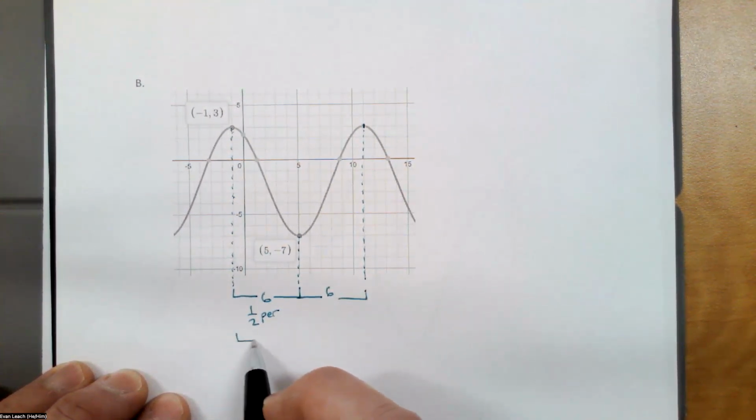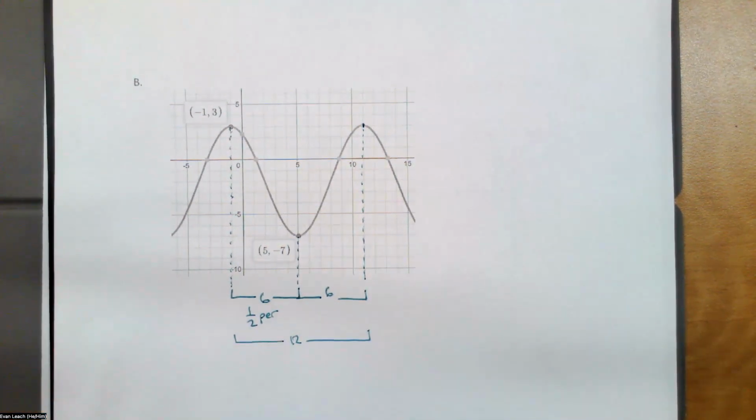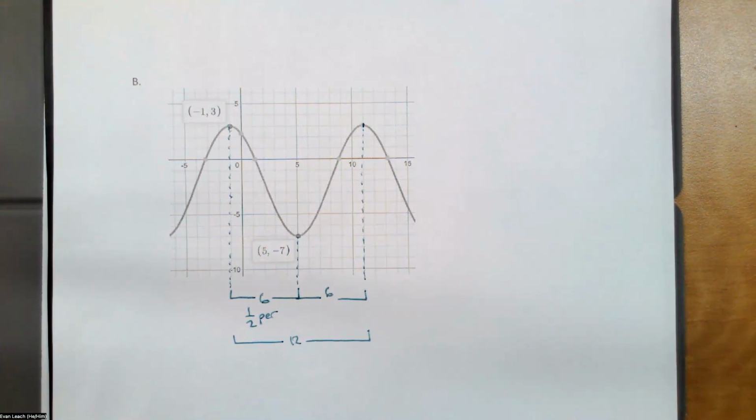And so the period is 12. That was the tricky thing that I did on the second graph. I only gave you 2 points at the top and then the bottom. So I gave you half of the period. The period is 12. That's the number for the graph. The number that we're going to put into the equation is 2 pi divided by the period.